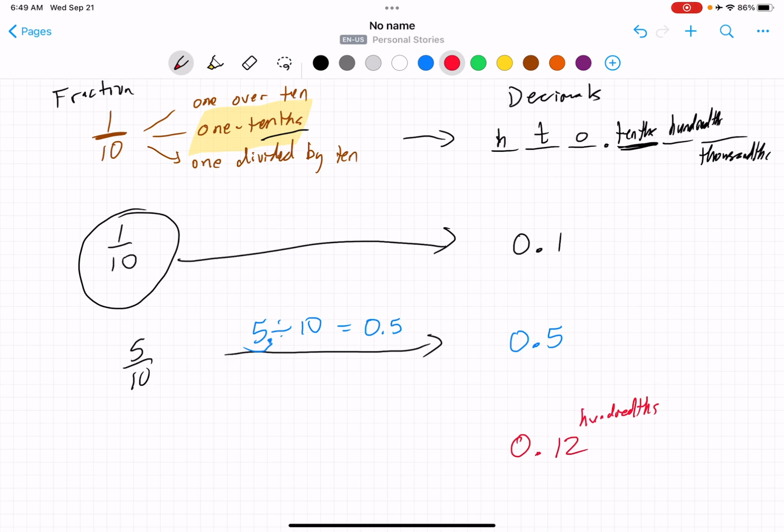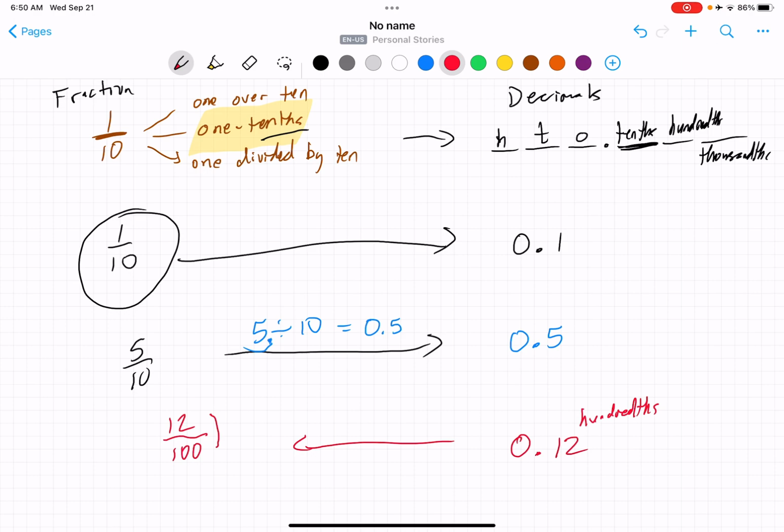It's not surprising that if we were to convert this into a fraction, we're going to keep the same number, 12, and this time it's over 100. Because again, we say 12 hundredths.